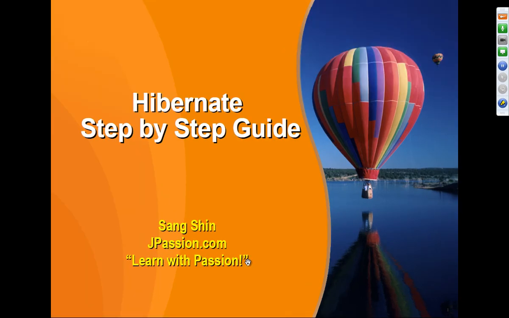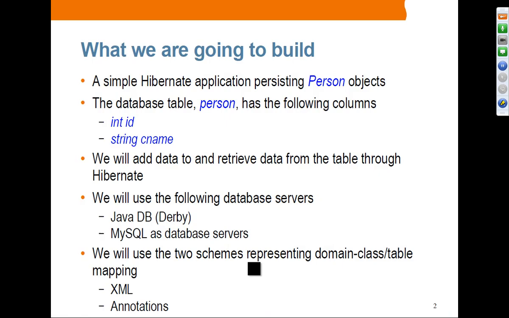All right, Hibernate step-by-step guide. What we are going to do here is build a very simple Hibernate application, and we are going to use a single domain class called Person. This Person class is going to be mapped into a database table called Person.